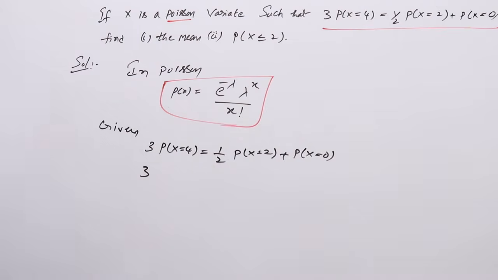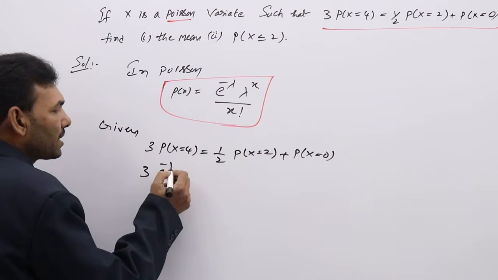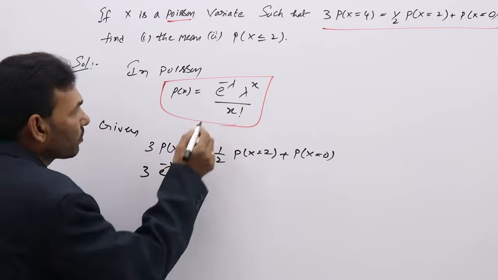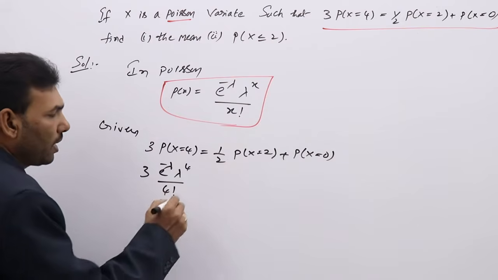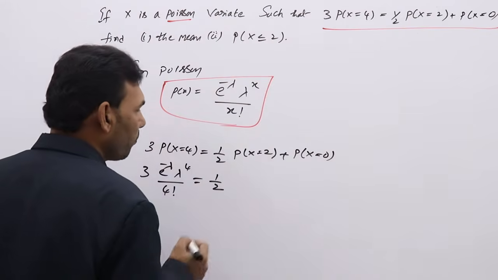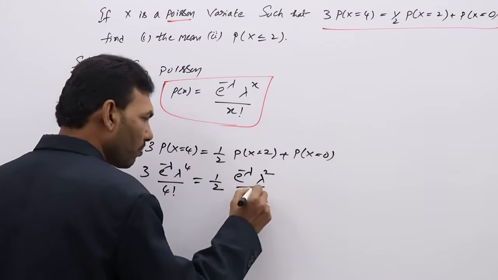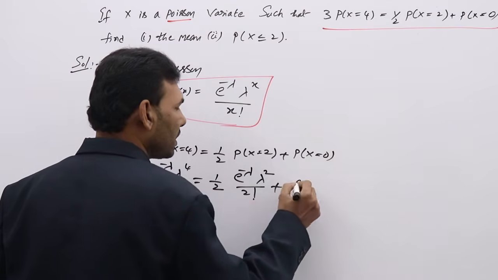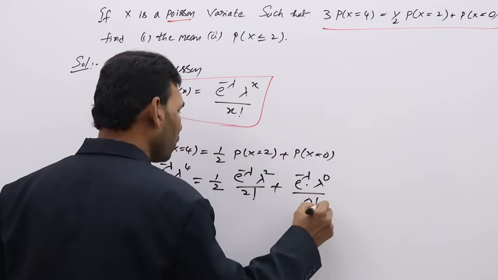We don't know the lambda value. e power minus lambda, lambda power 4 by 4 factorial, equal to 1 by 2 into e power minus lambda into lambda square by 2 factorial plus e power minus lambda into lambda power 0 by 0 factorial.